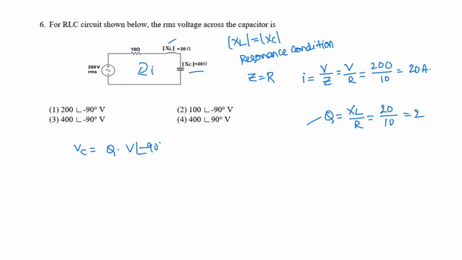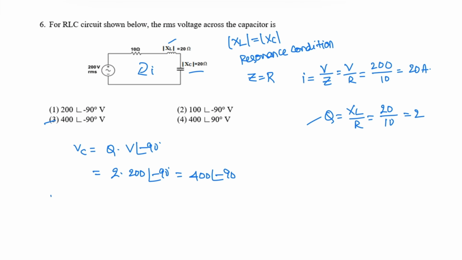With the quality factor 2 and the supply voltage 200 volts at an angle of minus 90 degrees, its value is 400 at an angle of minus 90. The correct option is 3.